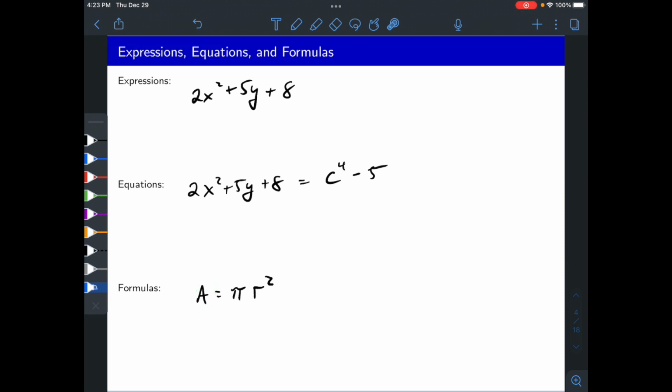Maybe you have a more complicated formula that involves multiple variables, and you have to plug multiple variables into that formula to solve for the other one, but you're still plugging in values to figure out another unknown quantity.